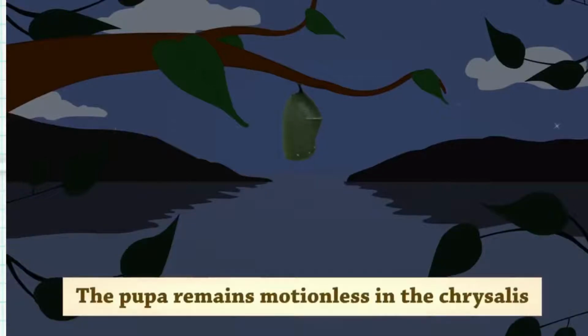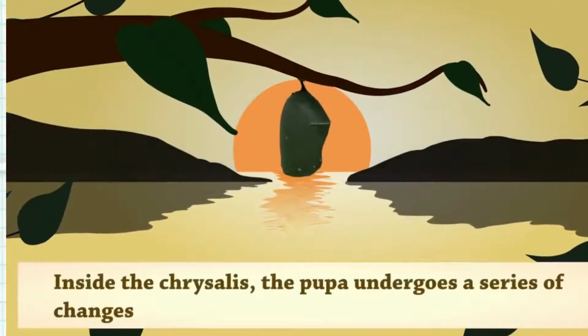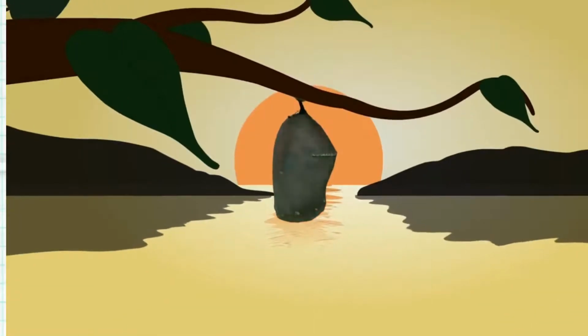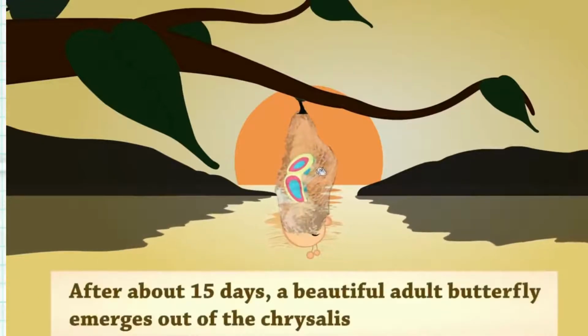The pupa remains motionless in the chrysalis. Inside the chrysalis, the pupa undergoes a series of changes. After about 15 days, a beautiful adult butterfly emerges out of the chrysalis.